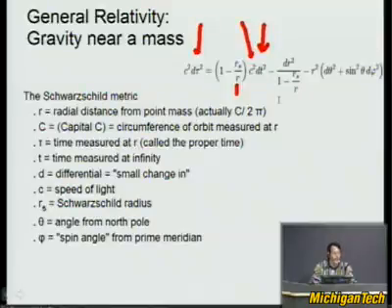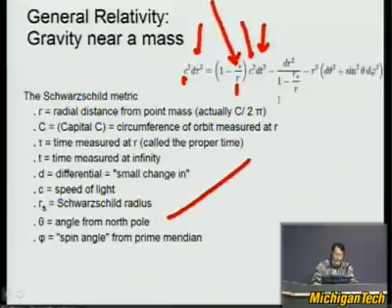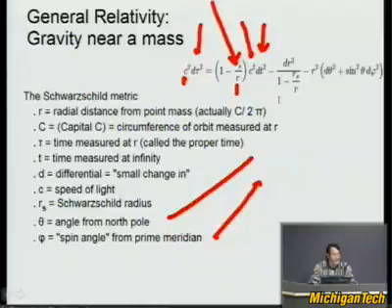You have to integrate sometimes over these to get answers. C is the speed of light. RS is the Schwarzschild radius, which I've just blotted over, which we'll get into in some detail. Theta is a spherical coordinate, and phi is a spherical coordinate. Usually, for the sake of simplicity, you can pick spherical coordinates where those don't change much if you can get away with it, and you can just have radial motion. So you can try to make those go away without a loss of understanding of what's going on.